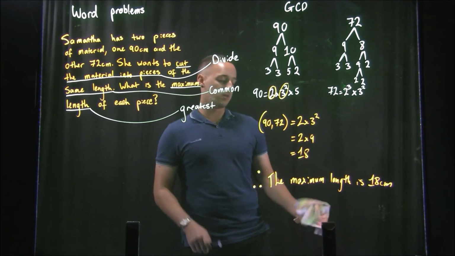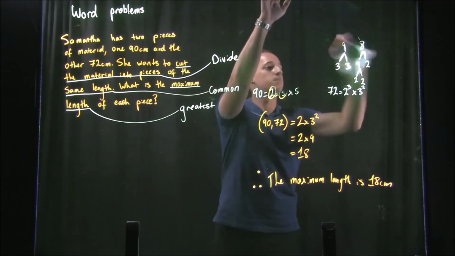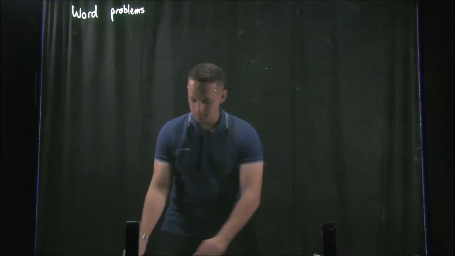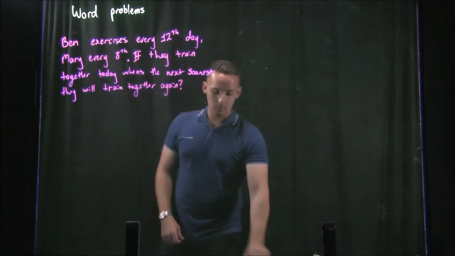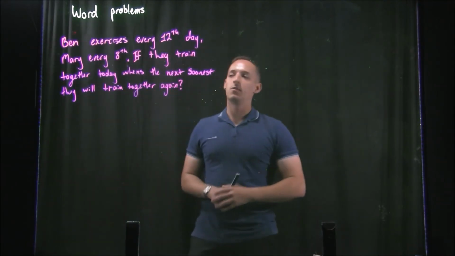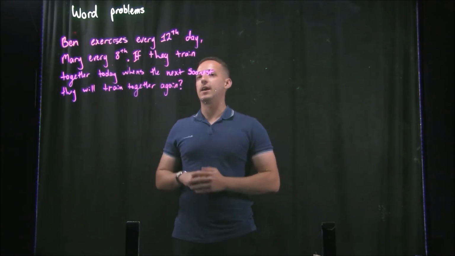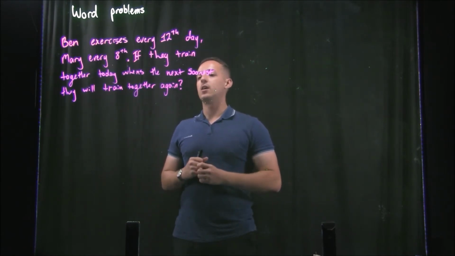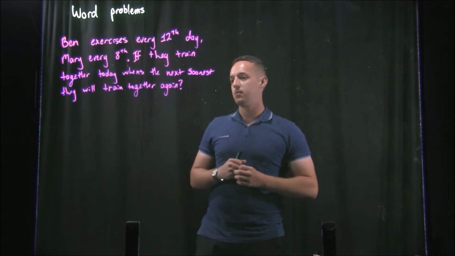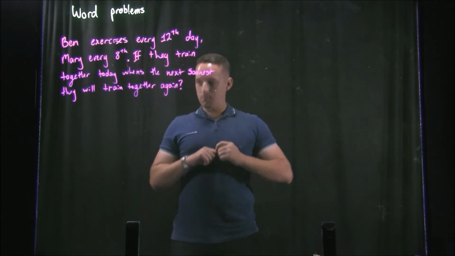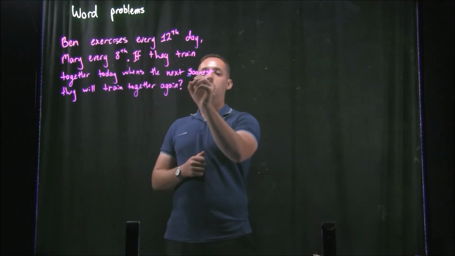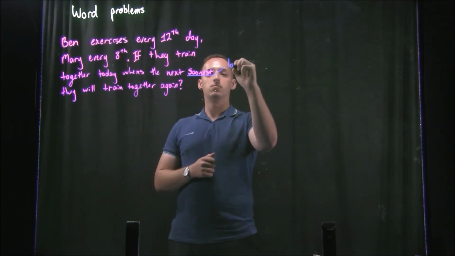Now I'll give you another example and we'll see if we can break that one down. Ben exercises every 12th day. Mary every 8th. If they train together today, when's the next soonest time they will train again? Breaking down this question, we're looking for the soonest or the lowest value.